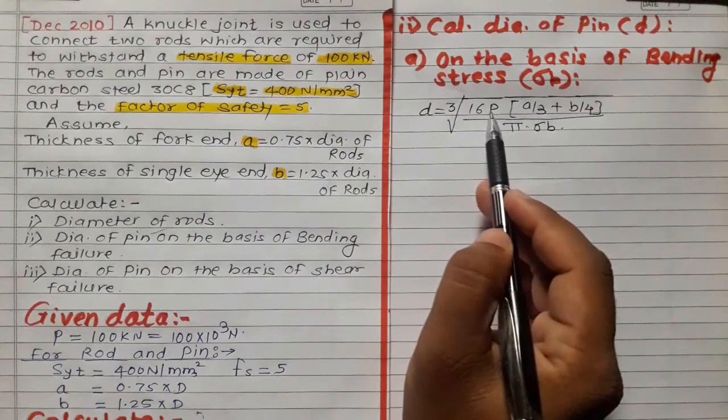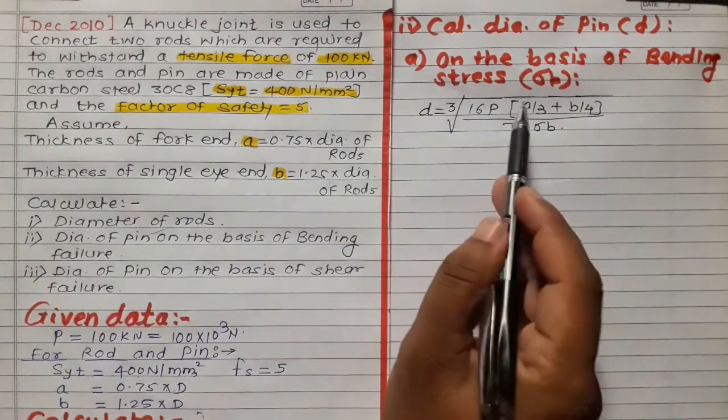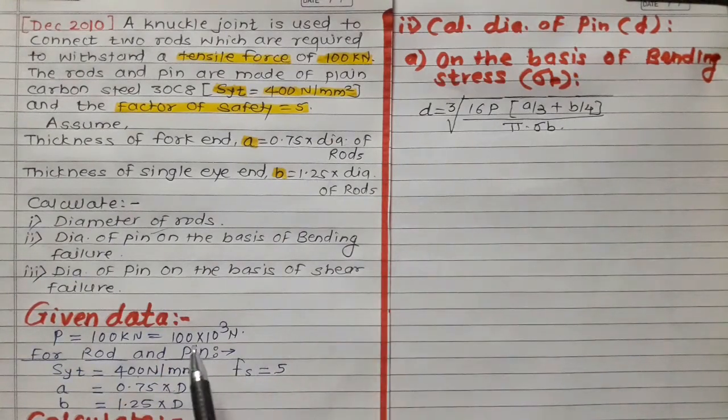Now here in this formula, p is given as 100 into 10 raised to 3 Newton. A and B we have to calculate, and the relation or assumption for A and B is given in the problem statement in terms of diameter of rod. So here we have to put the value of capital D, that is 42 mm, which we have calculated just now.